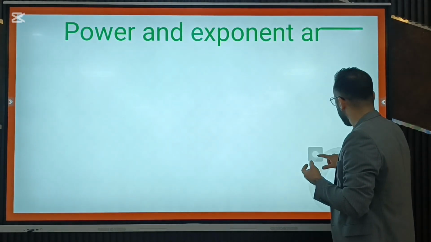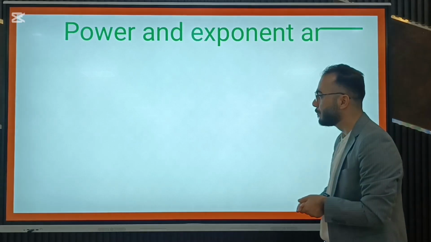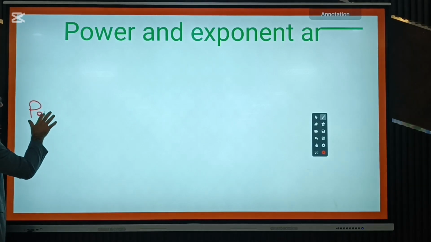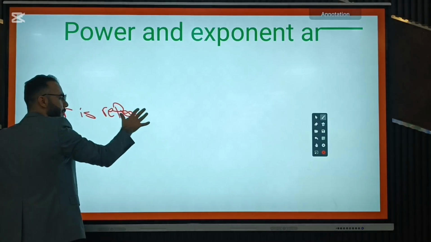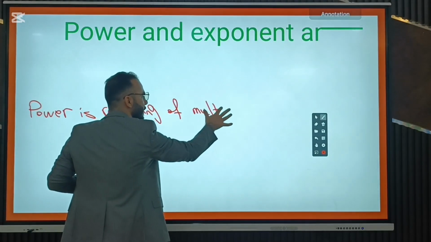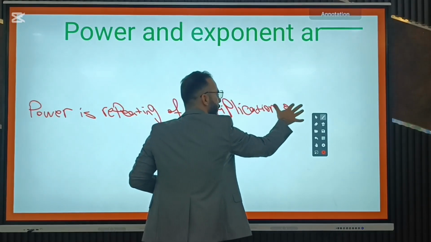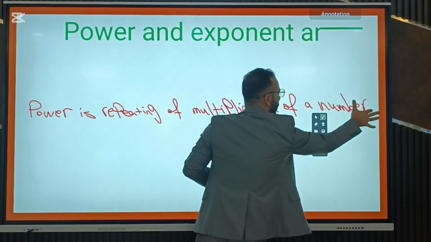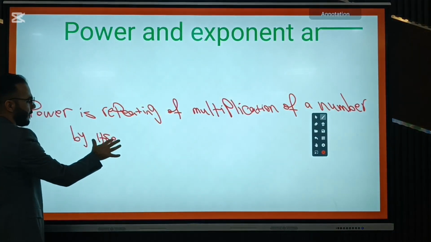As a point, we can say, let's bring the pen, power is repeating of multiplication of a number by itself.